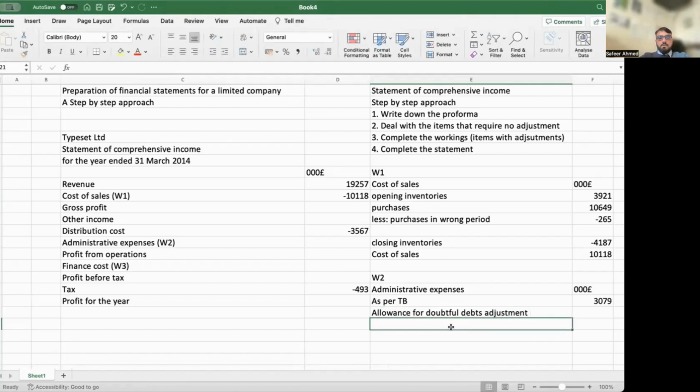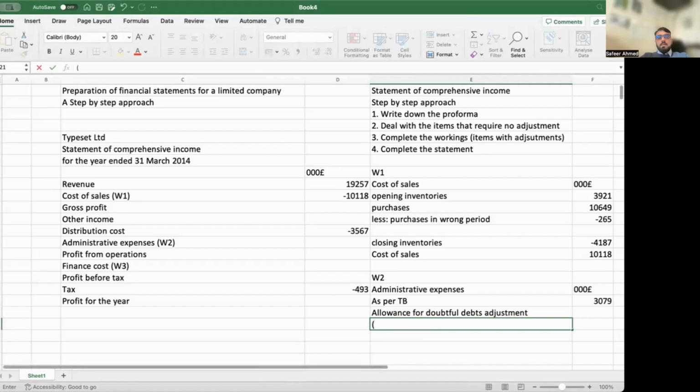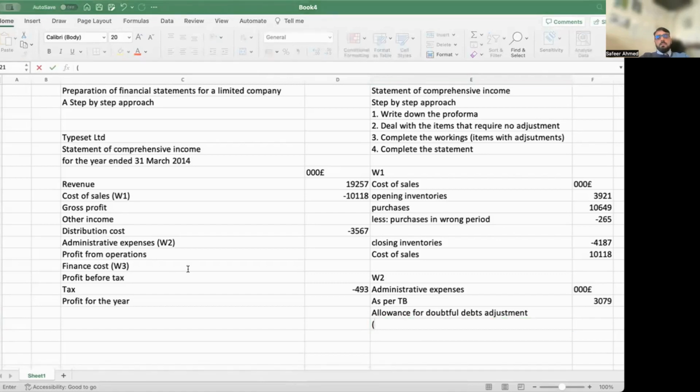Now, what do we mean by this adjustment? This adjustment means that you will be comparing your new allowance for doubtful debt with the allowance for doubtful debt given to you as part of the trial balance. So the new allowance for doubtful debt we will be calculating as part of the trade receivables.